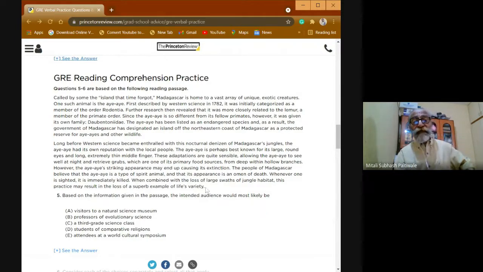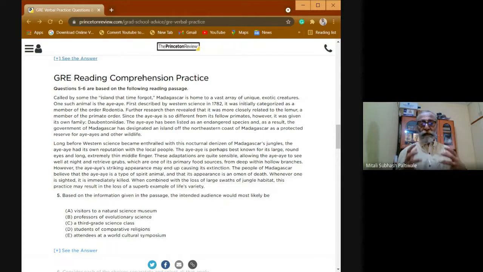When combined with the loss of large swaths of jungle habitat, this practice may result in the loss of a superb example of life's variety.